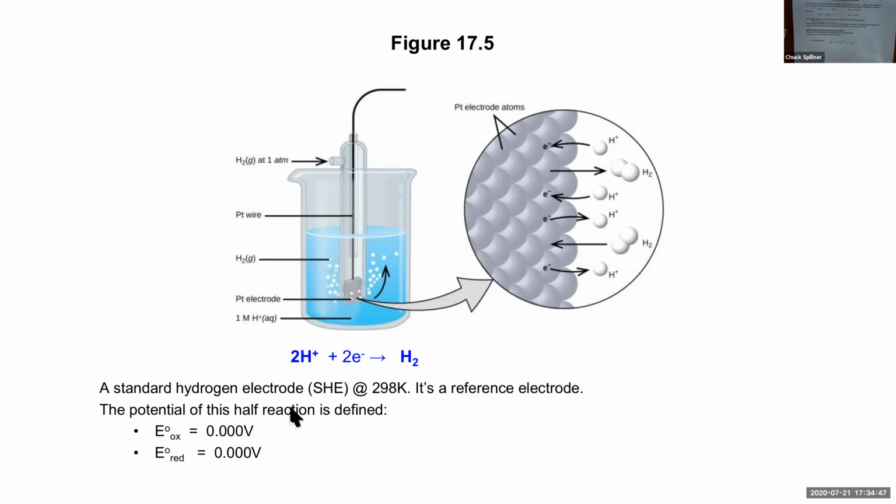Now remember, in addition to that, oxidation occurs at the anode. So we have E naught, the naught means standard conditions. E naught oxidation could be E naught anode. That's the potential at the anode. E naught reduction would be E naught cathode. That's what we learned last time.